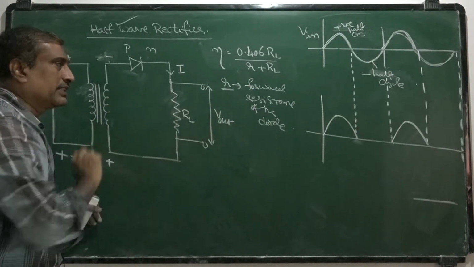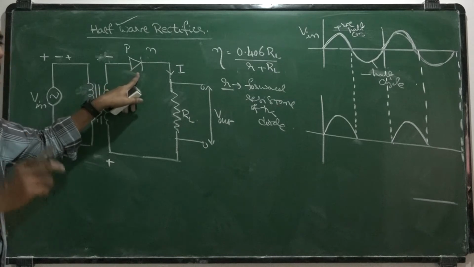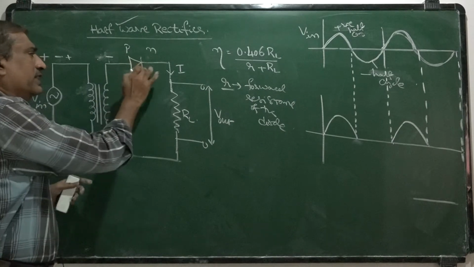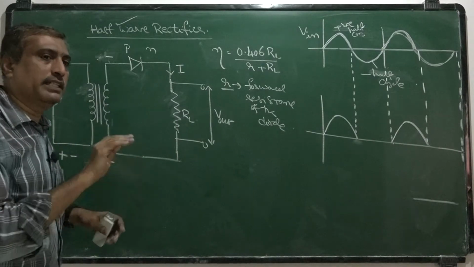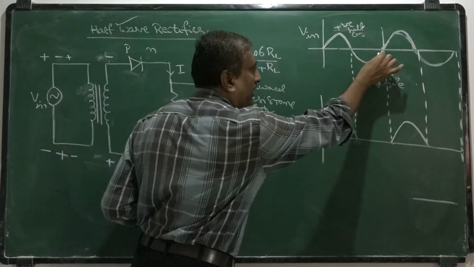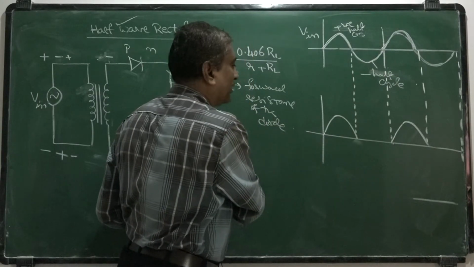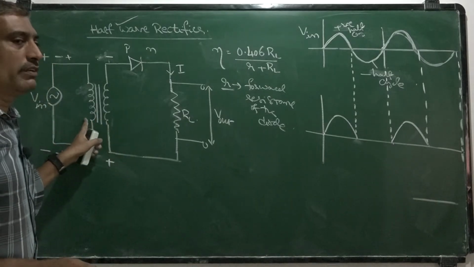The working is, during the positive half cycle this PN junction diode is in forward bias and conducts, and in reverse bias it does not conduct. So during the negative half cycle this circuit does not rectify. So this is called a half wave rectifier.